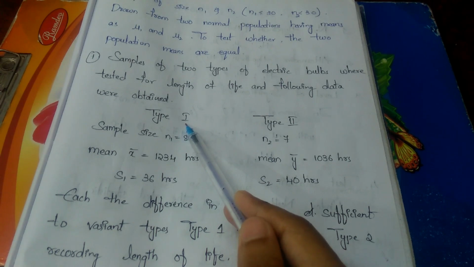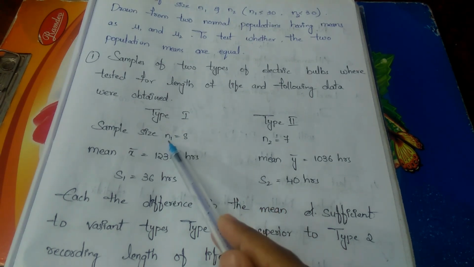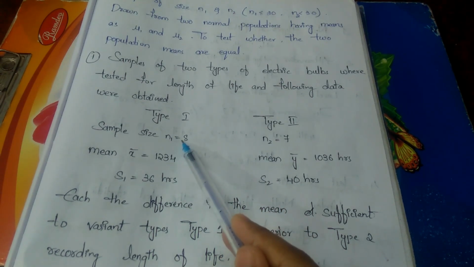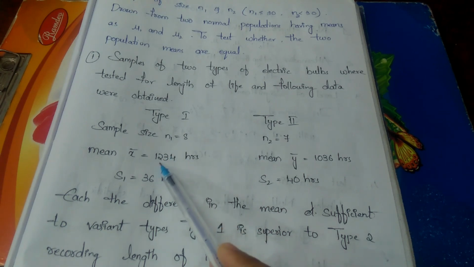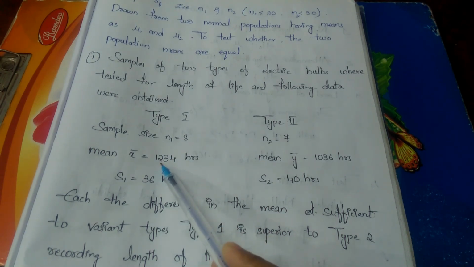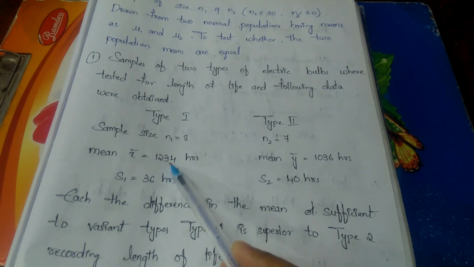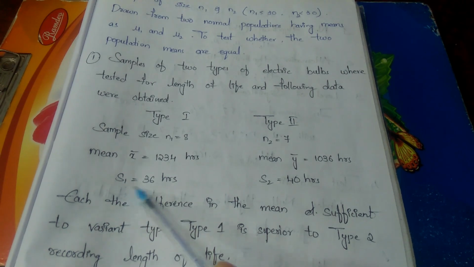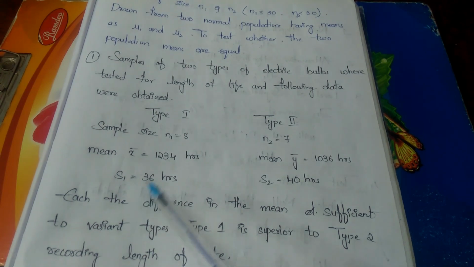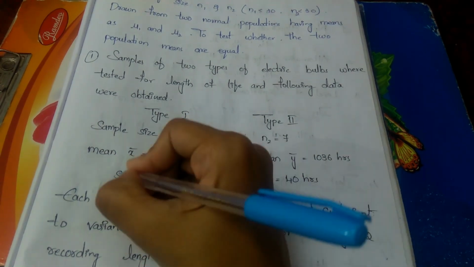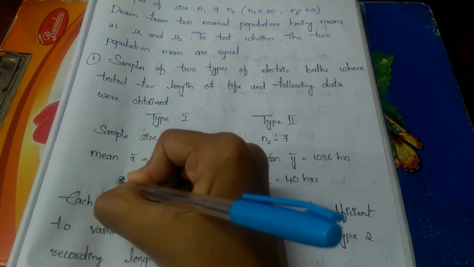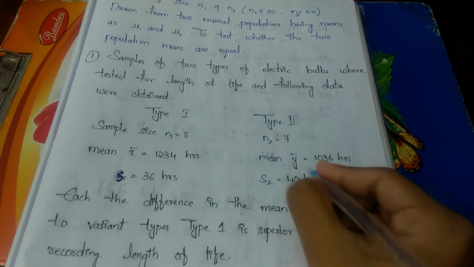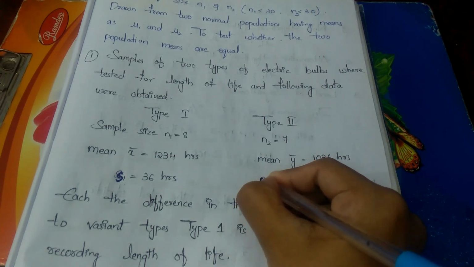Further, the sample size is n1 equals 8 and the mean x bar equals 1234 hours, and s1, the standard deviation of the first type of electric bulb, is given as 36 hours. You can take this as small s, because in the test statistic we will find the capital S, which is the overall standard deviation.